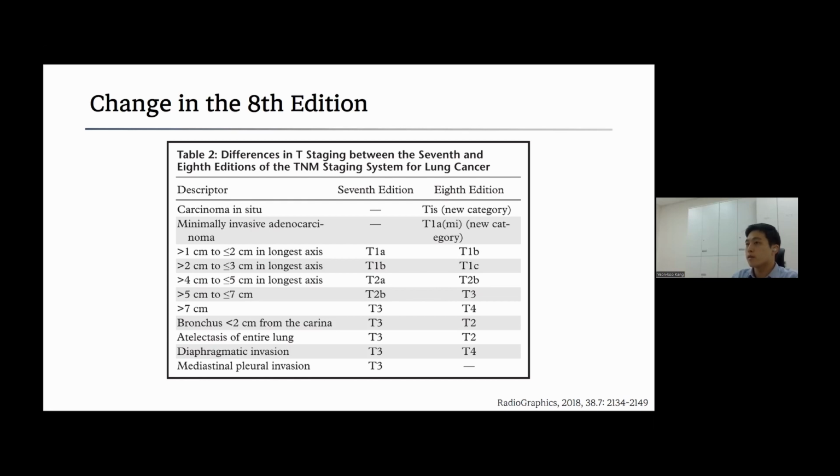Tis and T1a(mi) were newly categorized, and T1 stage was further stratified according to tumor diameter. Criteria for T2b and T3 have been lowered. Proximal main bronchus involvement and atelectasis were downstaged, and diaphragmatic invasion was upstaged.